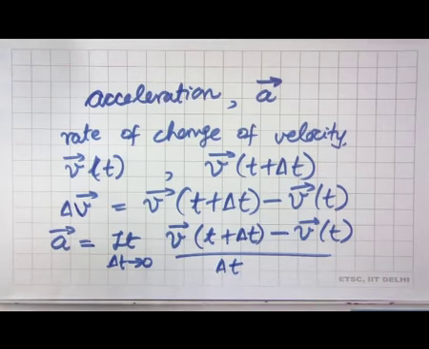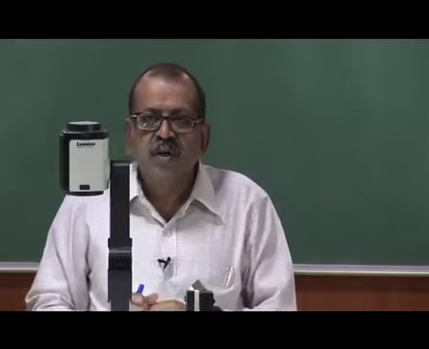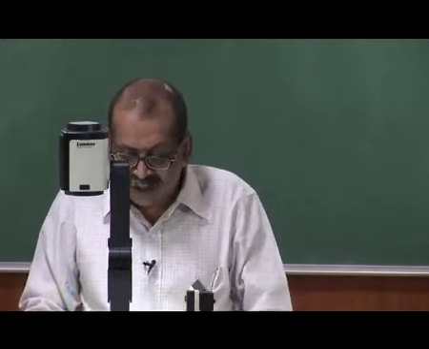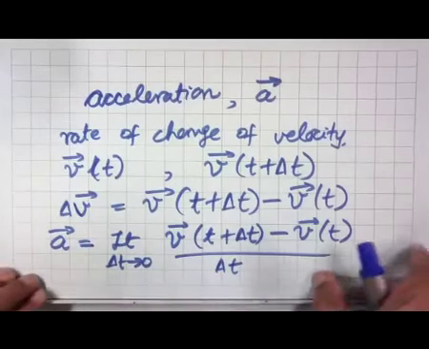So, we look at the velocity vectors at the 2 points, take the difference of these two, and that gives us the acceleration. And in case delta t is not very small, if it is a finite interval, then the acceleration we get is the average acceleration.